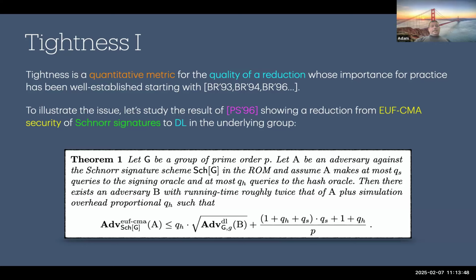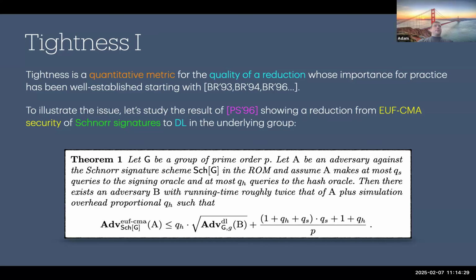It basically says that if there's an adversary A against Schnorr in the ROM, there's an adversary B against discrete log in the underlying group with this advantage relation. The forgery probability of A is bounded by QH, the number of hash queries it makes, times the square root of the discrete log advantage of B, plus some extra term, which you can kind of ignore. The thing that's damaging here is the QH and the square root.